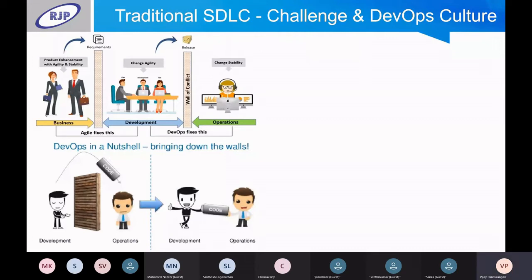So it's a matter of culture. The culture of both the development and the operations teams understanding that change is the new normal, and we'll have to embrace change into our development as well as infrastructure, and also get ready and prepare for a continuous stream of changes.